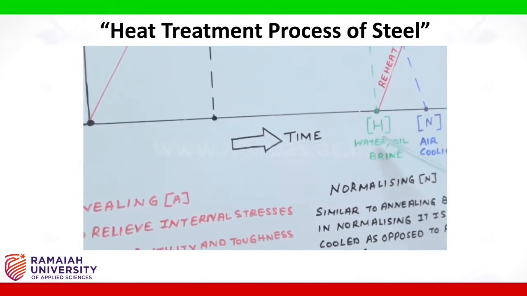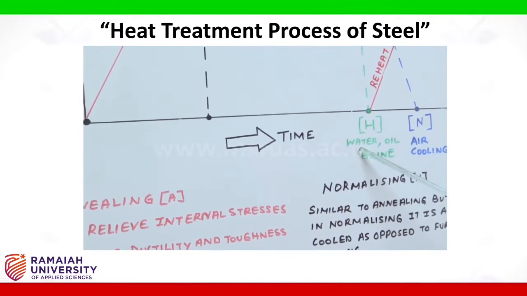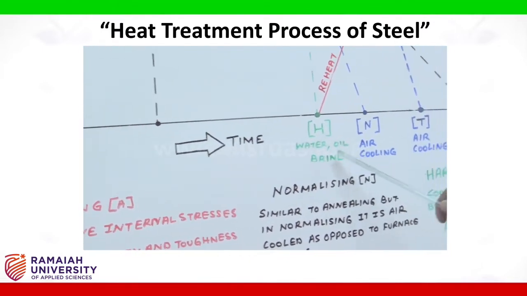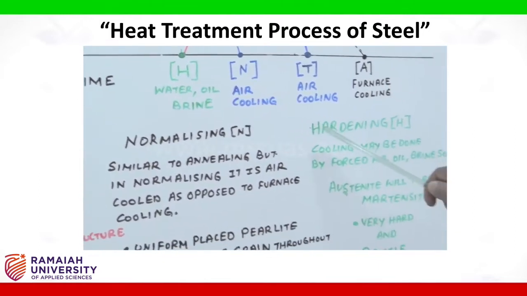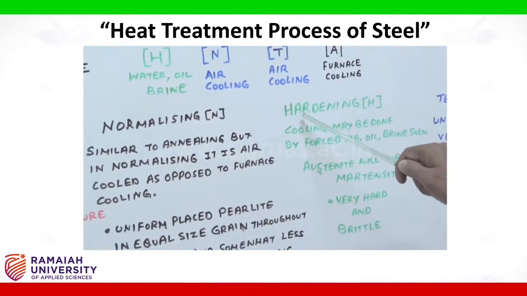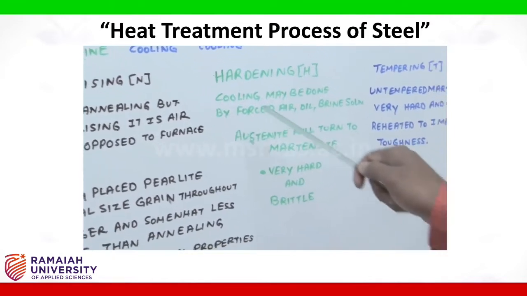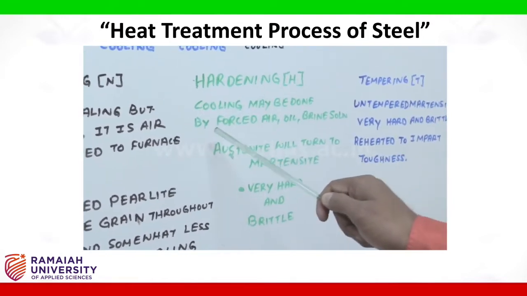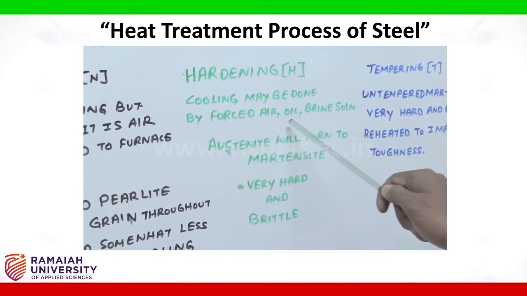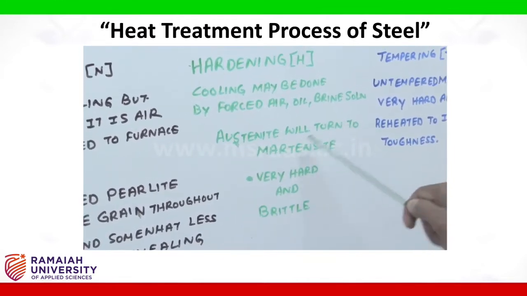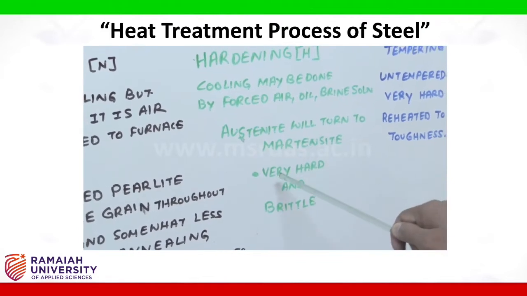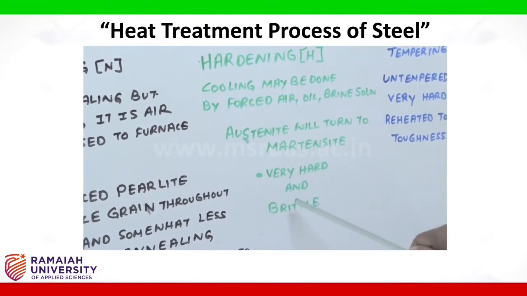Immediately quench it either in treated water, or in oil, or in brine solution. Quenching the sample is called the hardening heat treatment process. Cooling may be done, as told, by forced air, oil, or brine solution. Austenite will turn to martensite. The material will be very hard and brittle.